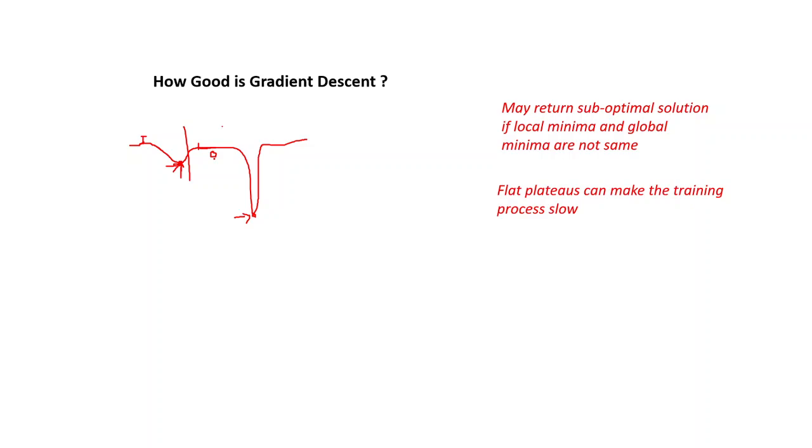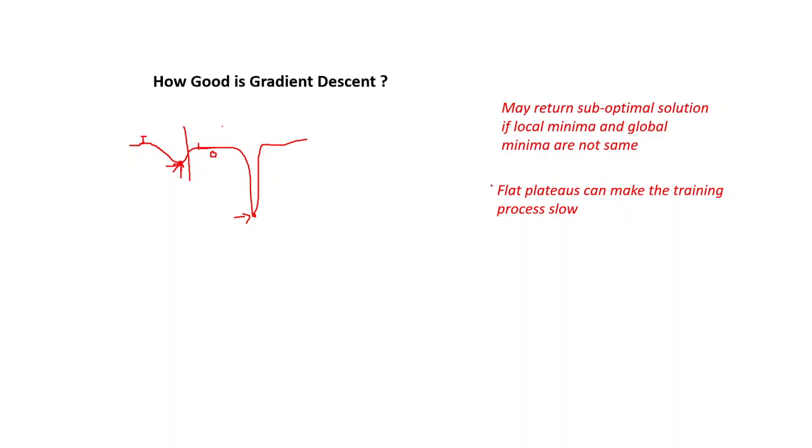So that condition that it becomes less than the minimum value e, remember the algorithm that we were discussing. This is known as a flat plateau, and this makes the training process slow. It might also be that your maximum number of iterations is reached and the problem just halts.